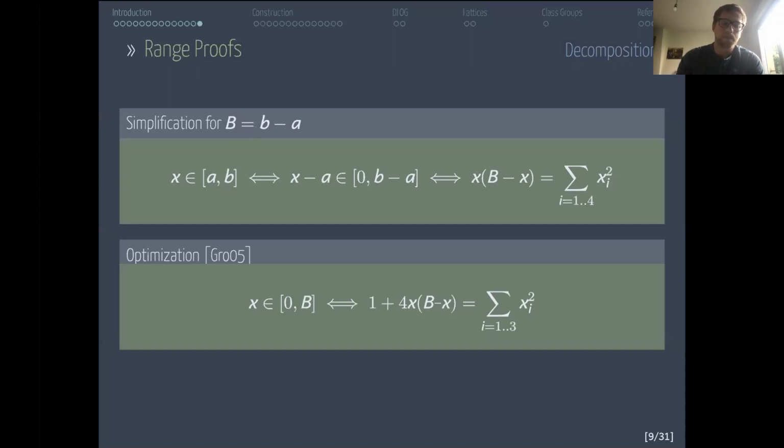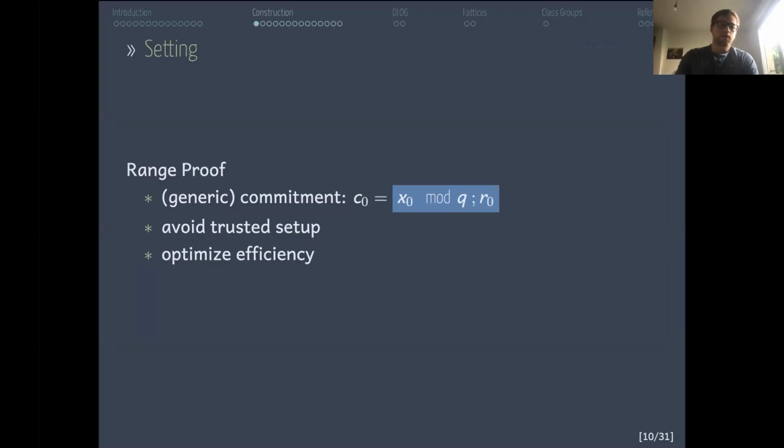And in order to enforce that we have a value equal to 1 mod 4, we just multiply x times (B minus x) by 4, and we add a 1 in the beginning. And this will still imply non-negativity over the integers. And thus we know that x is in [0, B].